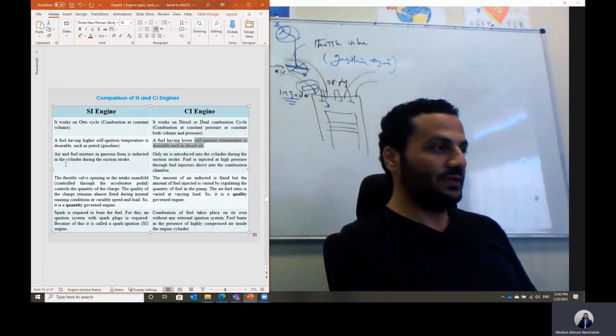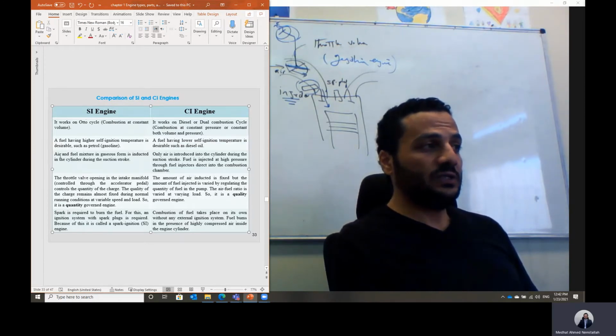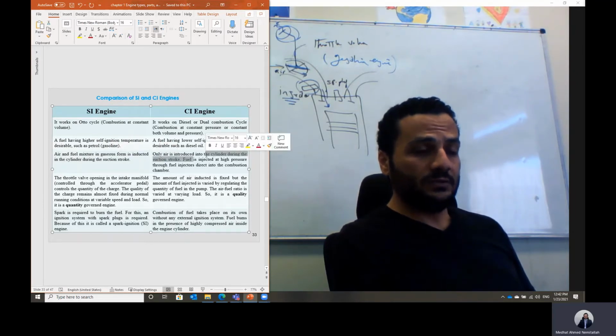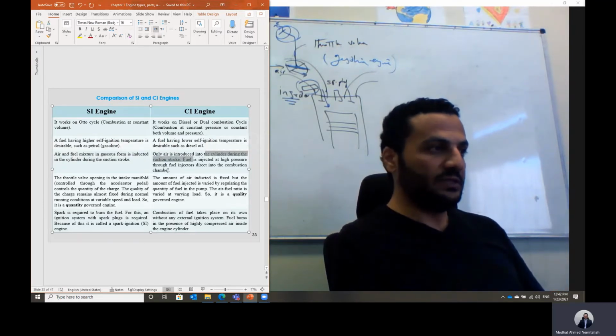We need the fuel to self-ignite. The charge to the gasoline engine is air plus fuel, but the charge in the diesel engine is only air, and the fuel is just injected at the end of the compression stroke.